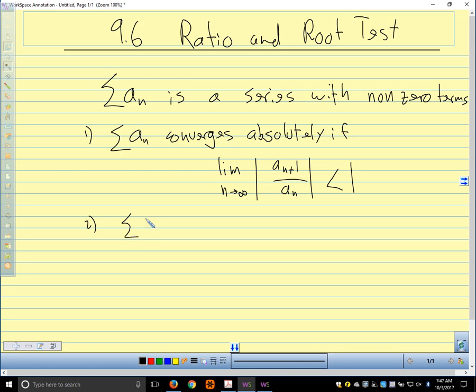The sum of a sub n diverges if this limit is greater than 1.